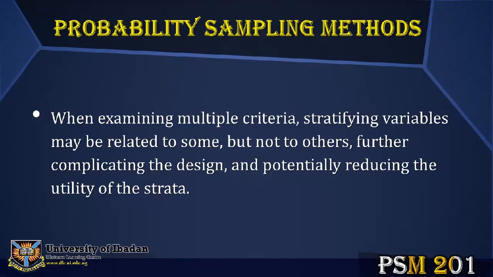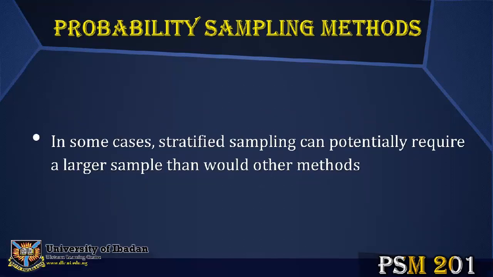When examining multiple criteria, stratifying variables may be related to some, but not to others, further complicating the design and potentially reducing the utility of the strata. In some cases, stratified sampling can potentially require a larger sample than would other methods.